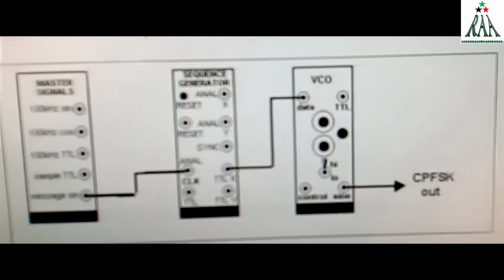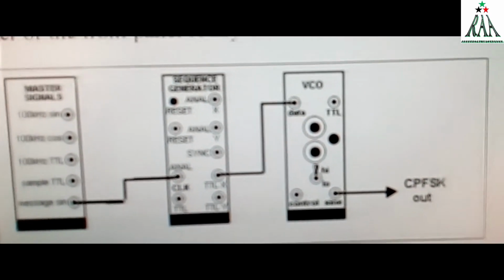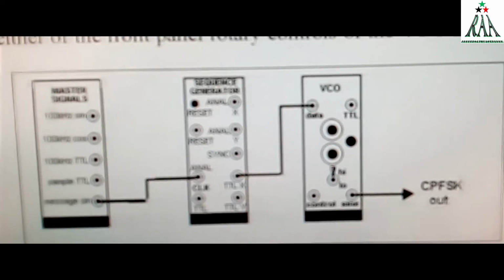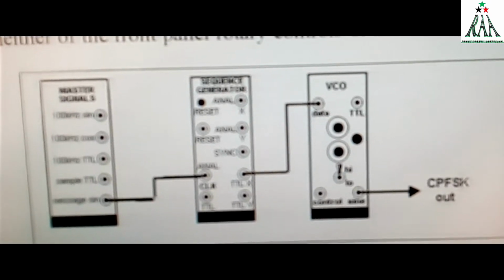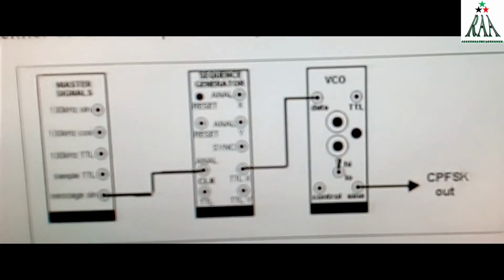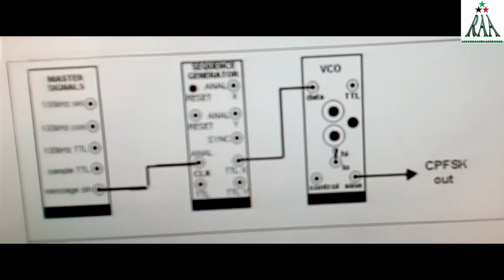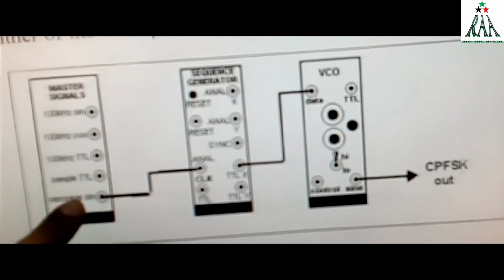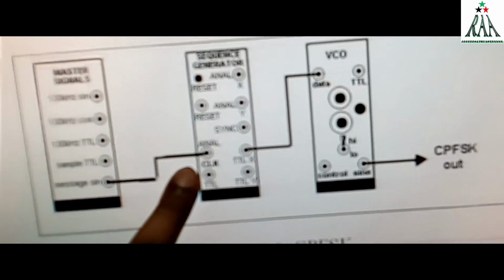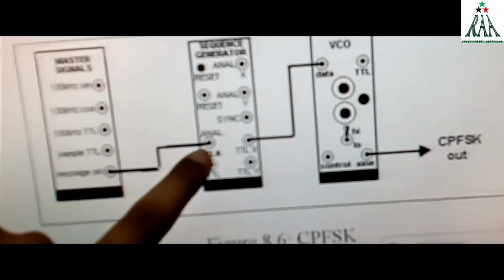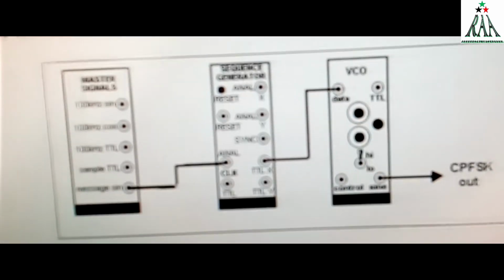Before performing the hardware for FSK, let's go through the schematic diagram to generate FSK. To generate FSK, we will use three modules. First, the master signal from which we will take the message signal, the sequence generator that we will use to generate the binary signal, and its clock will be the message signal which we are taking from the master signal.